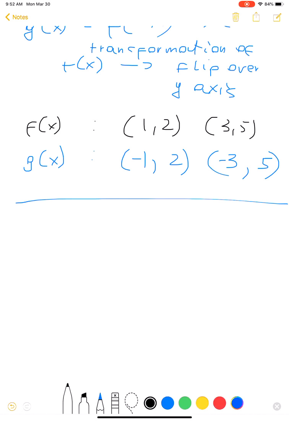So example, combining graphing procedures.